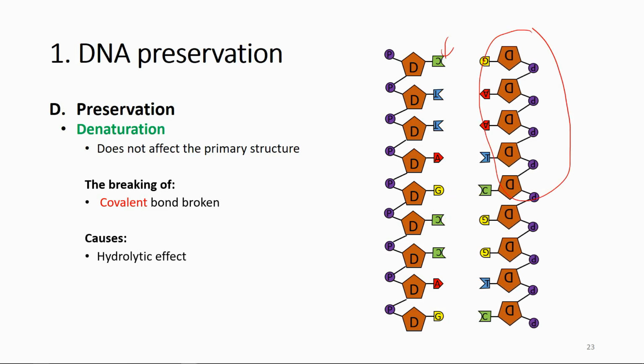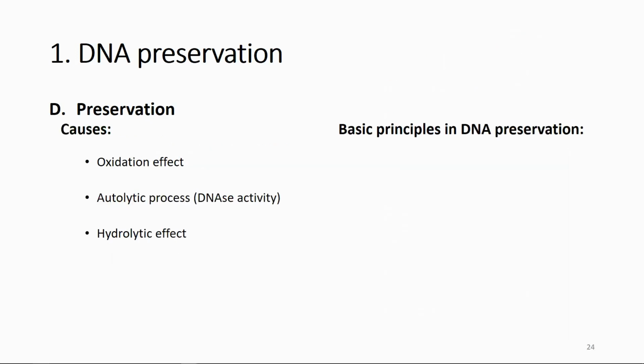The cause is mainly due to the hydrolytic effect, which is H2O. So now we know the causes of DNA degradation and denaturation: the oxidation effect, autolytic effect, and also the hydrolytic effect.